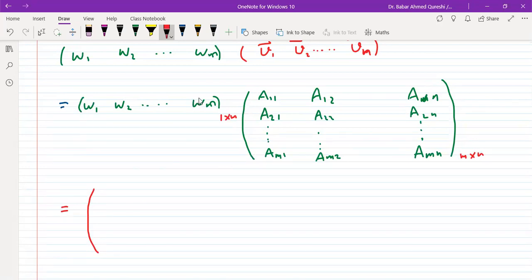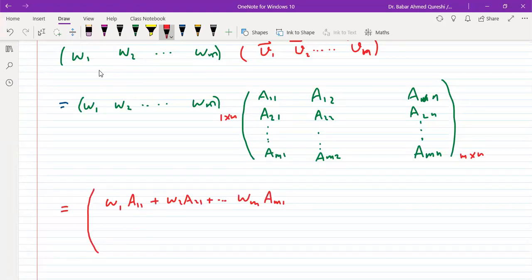So this is one row, it has only one row, and I just take the dot product. The rule says take the dot product with this first column. So I get W1 A11 plus W2 A21, all the way to WM AM1.